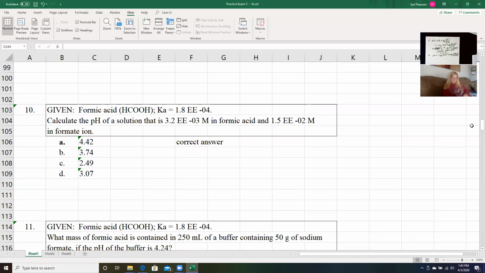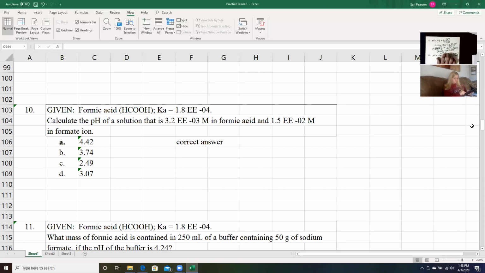So I get minus the log of 1.8, exponent is negative 4, close the parenthesis. No, it's plus the log of 1.5 with an exponent that is minus 2, divided by 3.2 with an exponent that is minus 3, close my parenthesis.